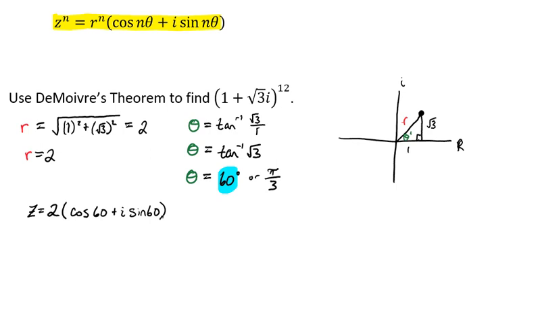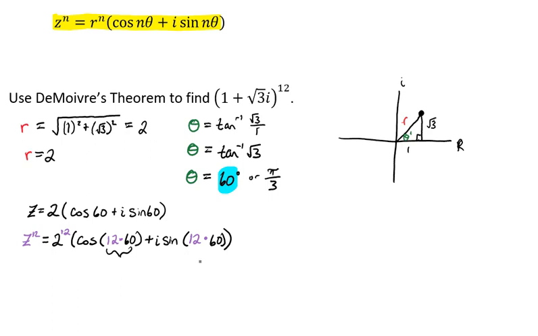All right, now let's find our z to the 12th. Our z to the 12th is going to give us 2 to the 12th times the cosine of 12 times 60 plus i times the sine of, again, 12 times 60.